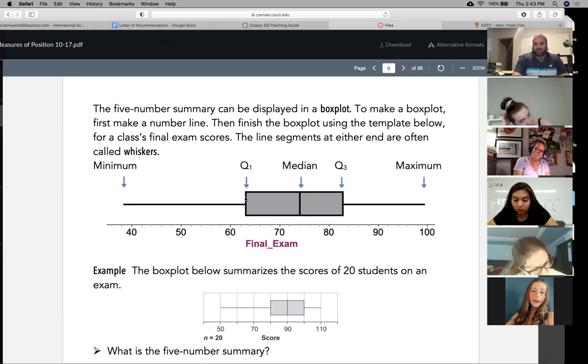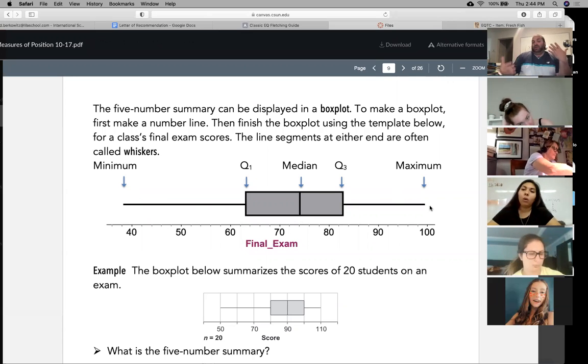The box starts at Q1, ends at Q3, and we have a median, and the last line ends at the maximum. So the 5 points here, those 5 numbers are your min, Q1, Q2, Q3, and the max. That's your 5-number summary of the data.